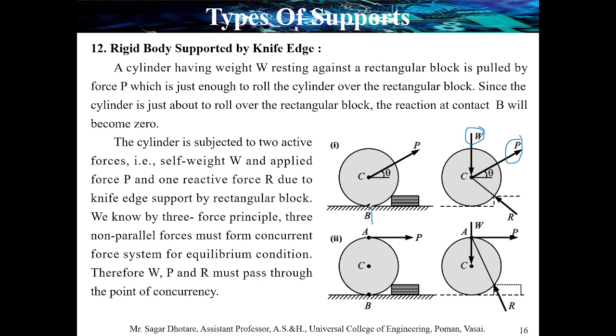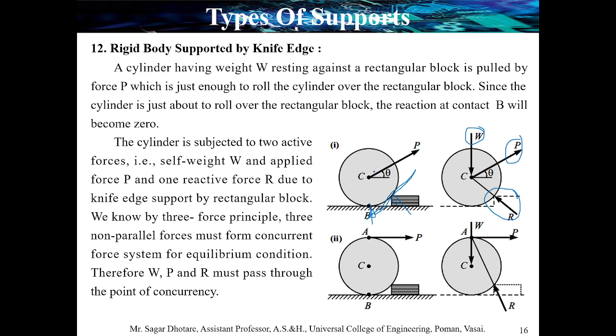This one should be considered at point B, where we have the knife edge. For that knife edge we have to draw a tangential line. This one is a tangential line, and perpendicular to that line the reaction gets applied, placed over here. So we will get these kinds of forces.